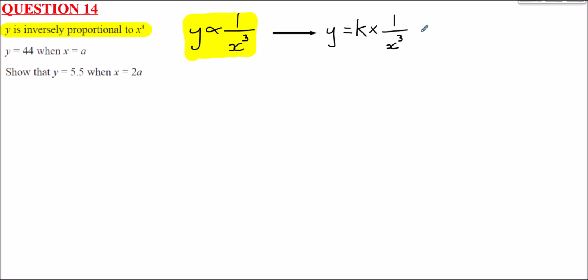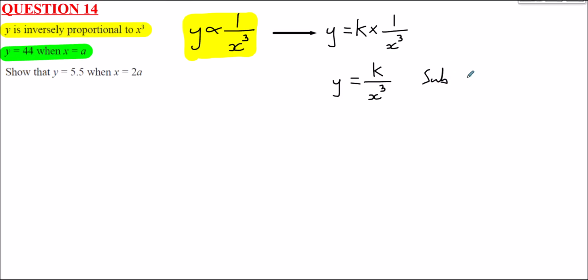So what I'm going to do here, I'm going to just write this as y equals k over x cubed. Now the next thing, we can substitute in some values to try and work out what this k is. So we're told that when y is 44, x equals a. So we're going to substitute those conditions in.